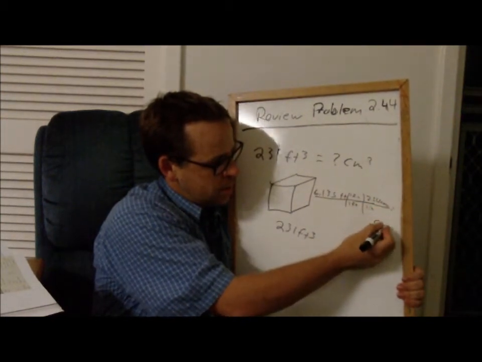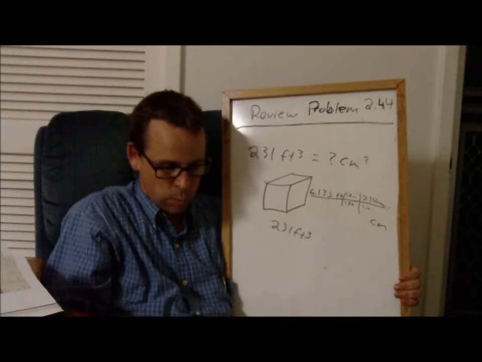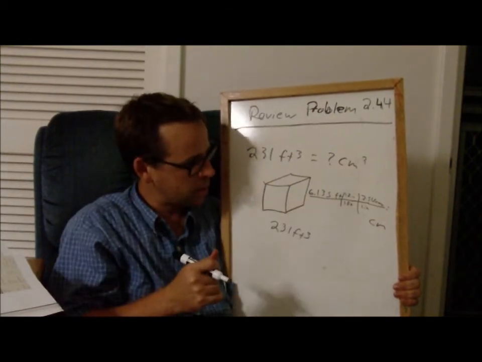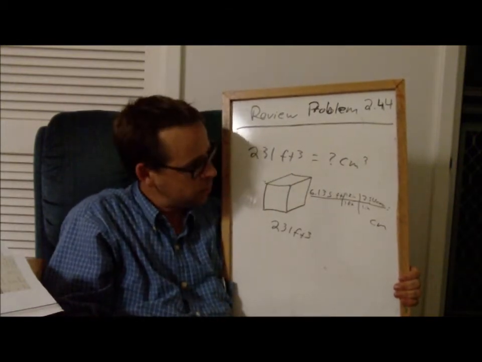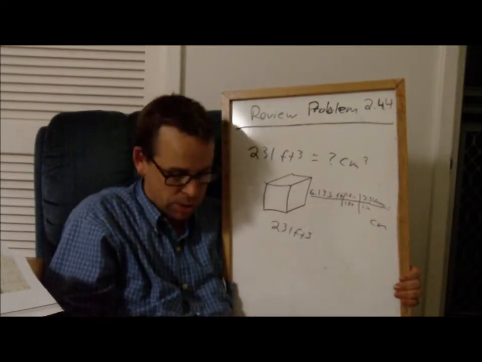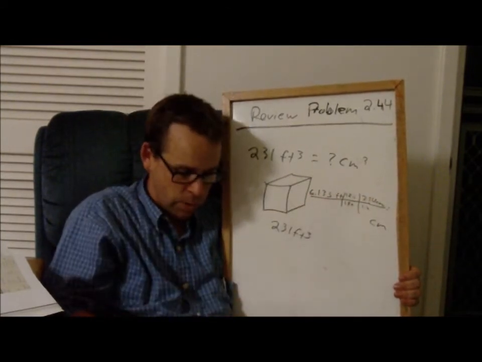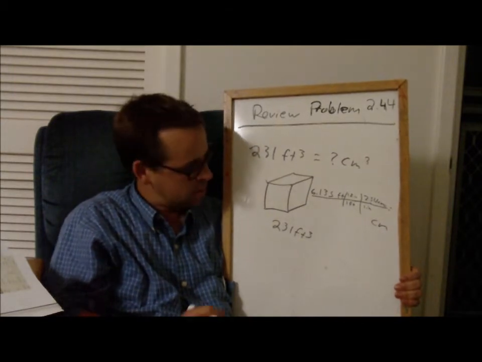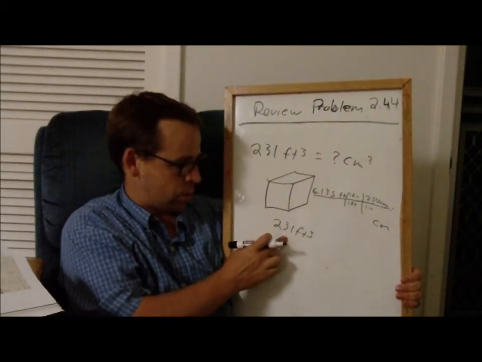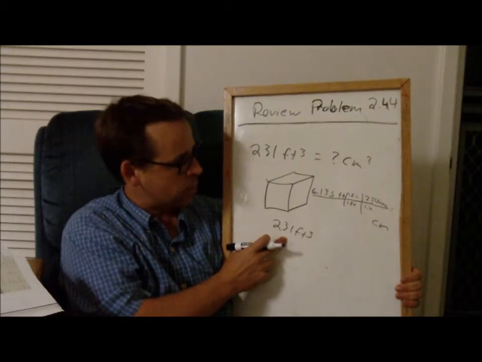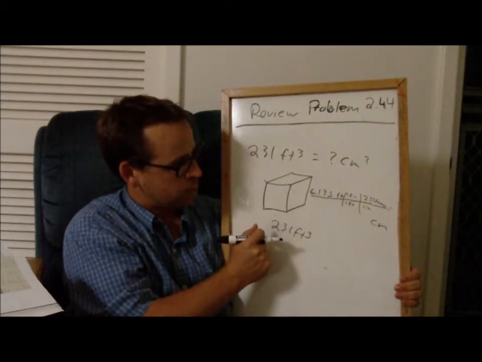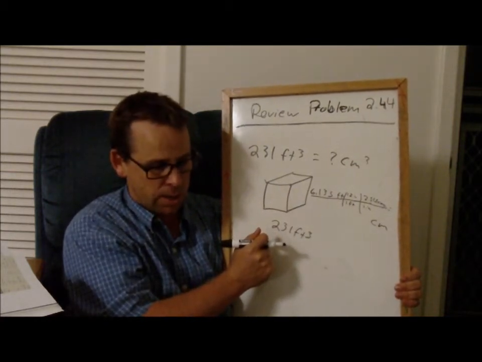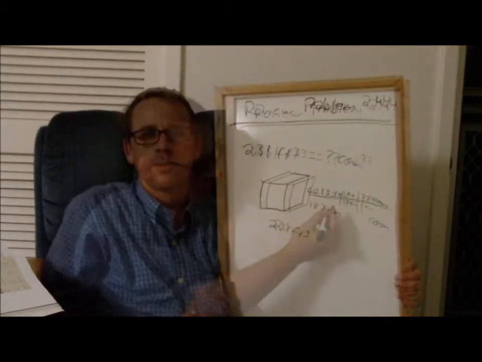And that'll tell us how many centimeters there are. 6.135, what we just had on our calculator, times 12, converting it to inches, times 2.54, converting it to centimeters. That means 6.135 feet is 187 centimeters.